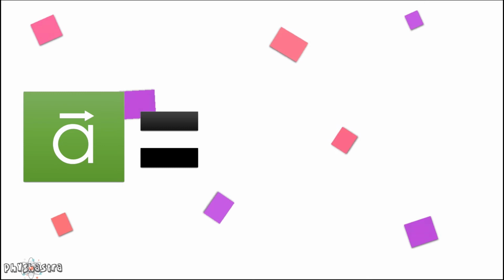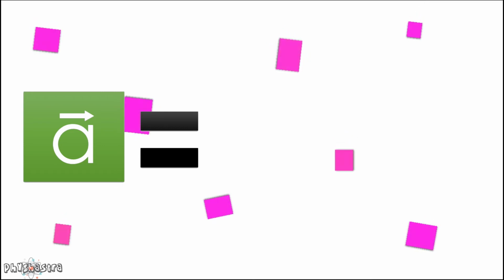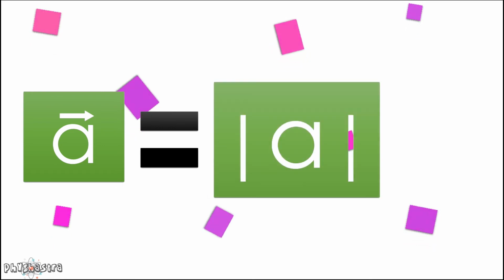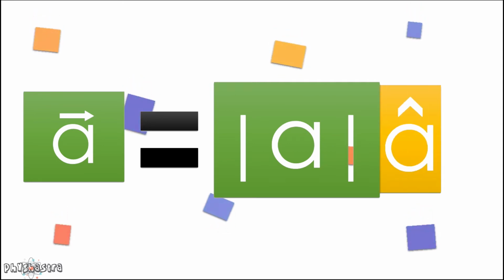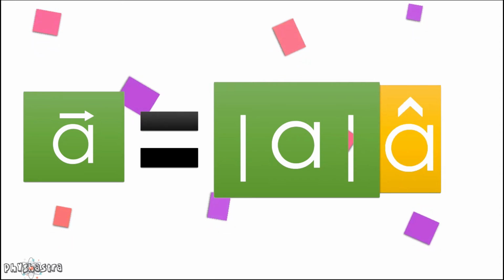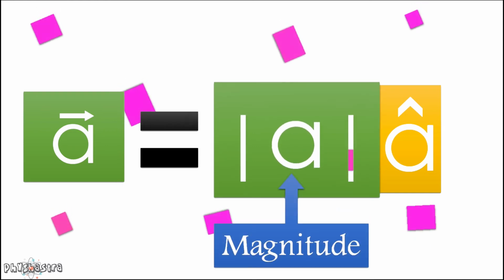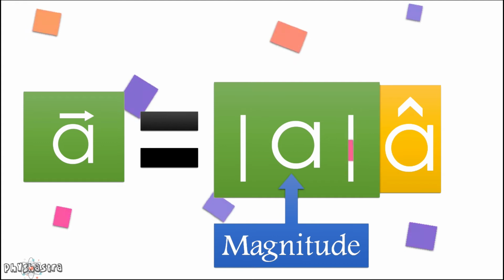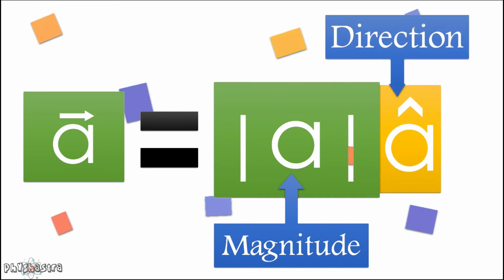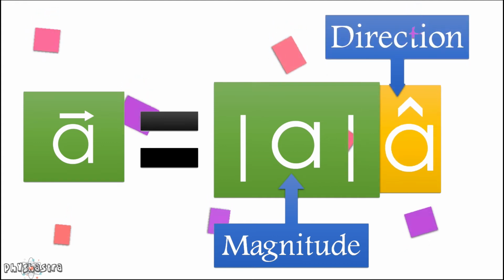That is the important thing to understand. So let us consider a vector A which is represented as the magnitude of that vector, mod of A, and the direction of the body moving, A cap. Yes, the mod sign alongside the letter makes it the magnitude, and the letter beside it is a direction letter with the cap on it.